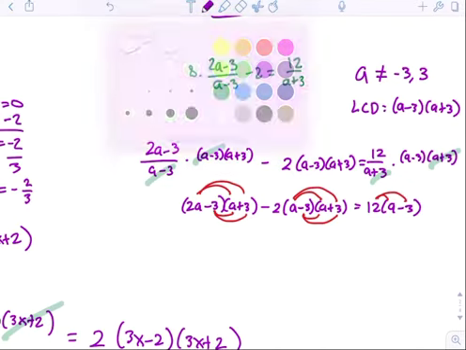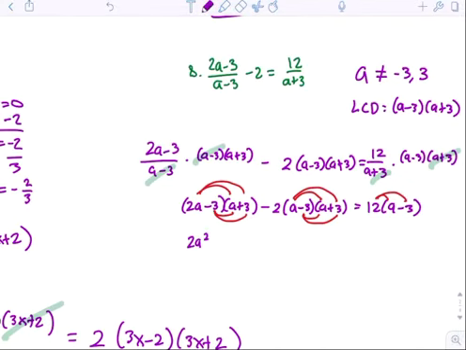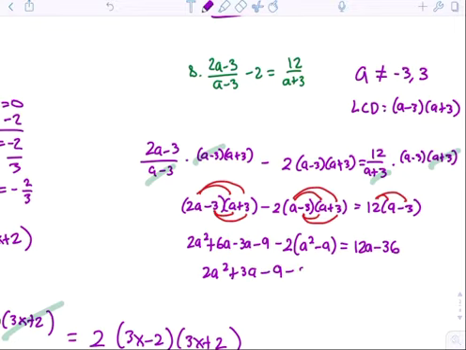On this side, we are going to get 2a squared plus 6a minus 3a minus 9, negative 2 times a squared minus 9, which equals 12a minus 36. 2a squared plus 3a minus 9, distribute that negative 2 to both of them, plus 18 equals 12a minus 36.